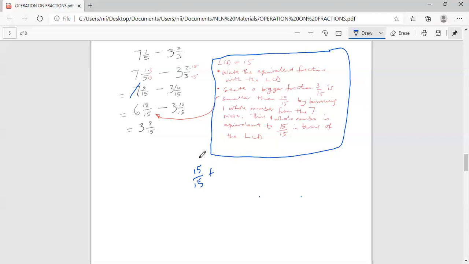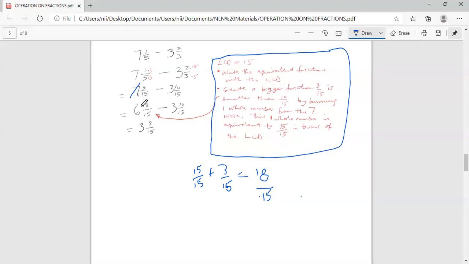I'm adding those parts to the 3 out of 15 that I have here. So now I have 18 parts out of 15, 18 out of 15 parts, and that's where this comes from. So I have now a bigger fraction to use to do the subtraction.